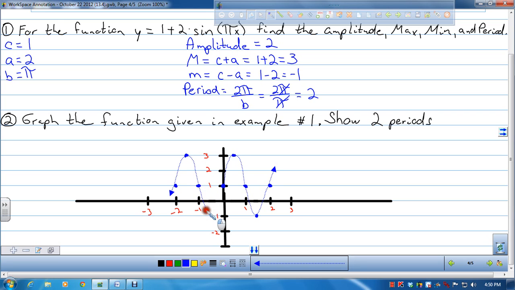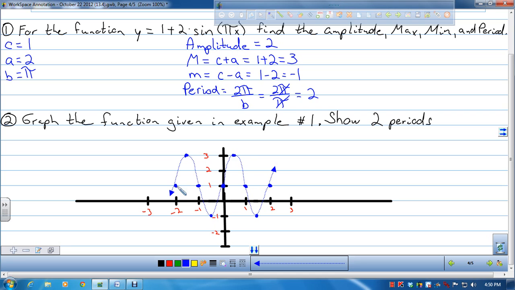You don't have to be Picasso to draw these. You just have to take your time and do your best, okay? That is graphing this with two periods. So I would probably start by graphing this one period, and then I can continue it over here to the left.